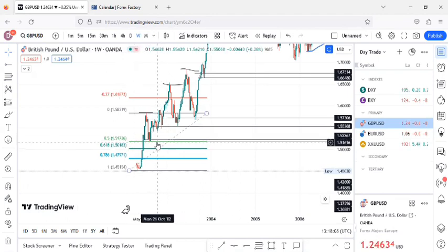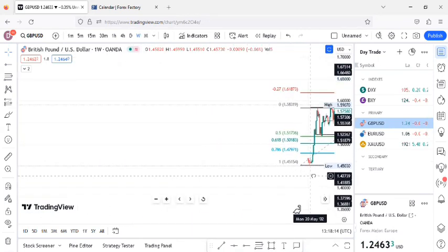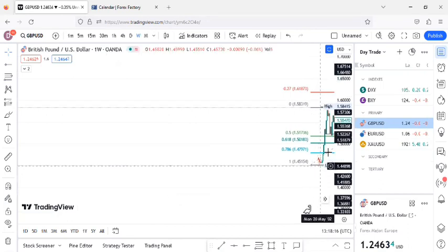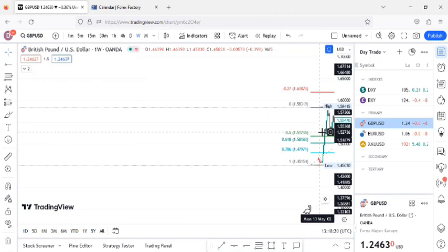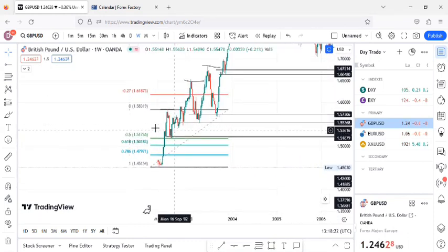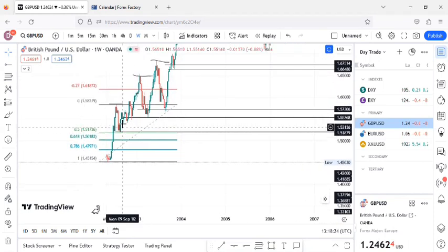aligns with this 50%. So assuming the other candles from here had not been printed like this, I would have more confidence at that particular level because it aligns with 50%.